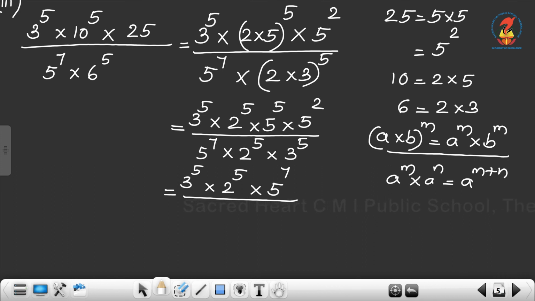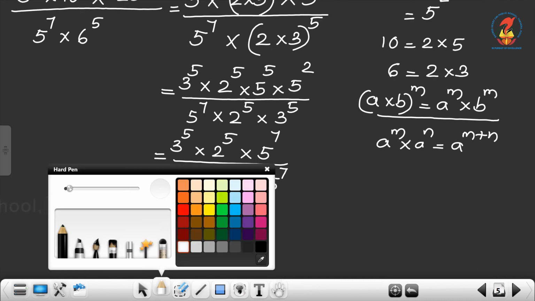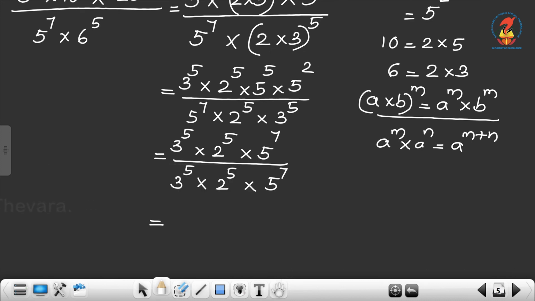So here look at that denominator, we have 3 raised to 5. So we will write under 3 raised to 5. 3 raised to 5 into next one 2 raised to 5 into 5 raised to 7. Then equal to, we can combine these two, then the other two terms we can combine, this also we can combine.